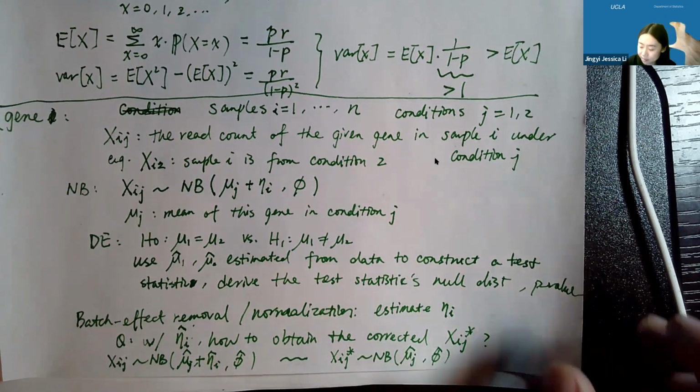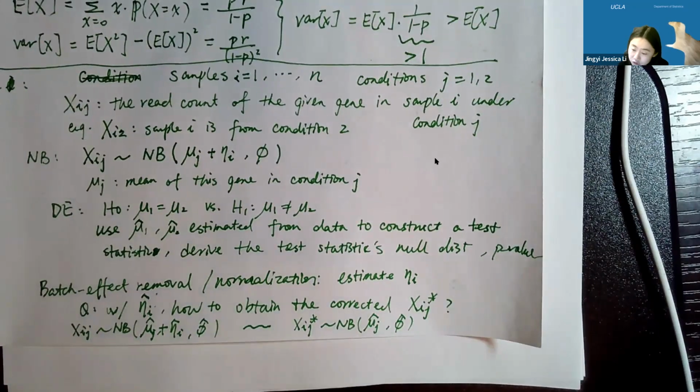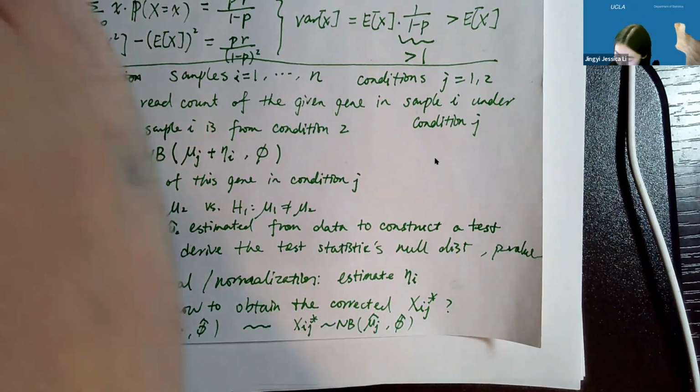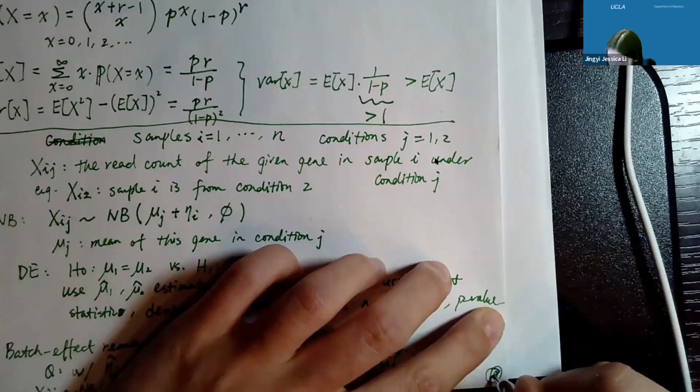And here, by matching the quantile, let me try to see what page number I need. Yeah, it should be page 12.